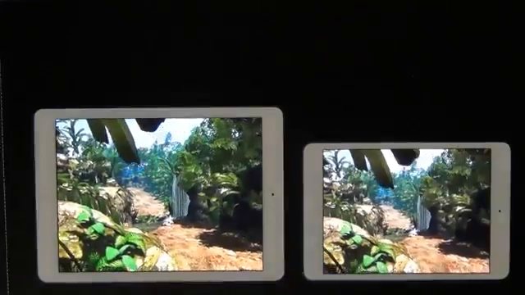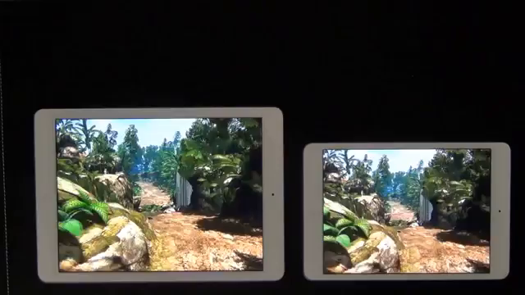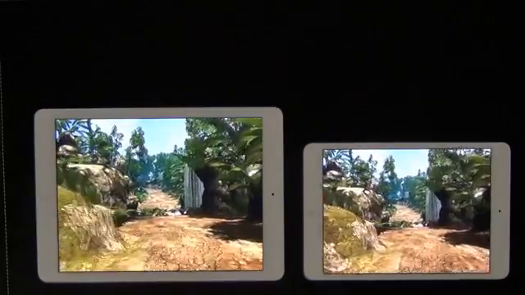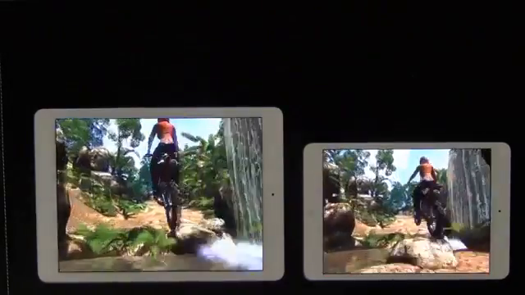Now the first one that you're watching is the T-Rex HD test. Basically the girl is being chased by a dinosaur and she's on her bike.